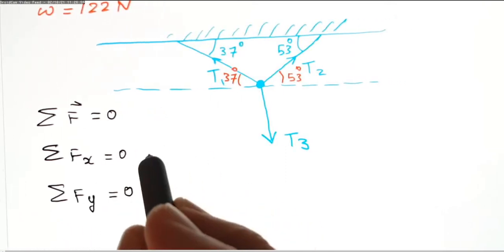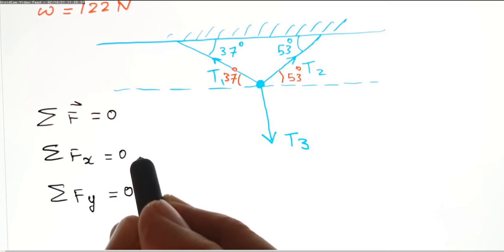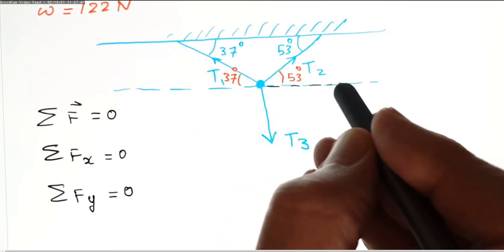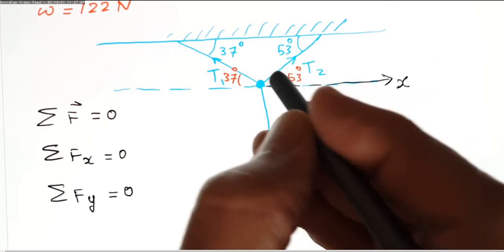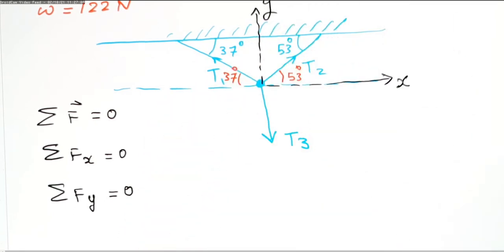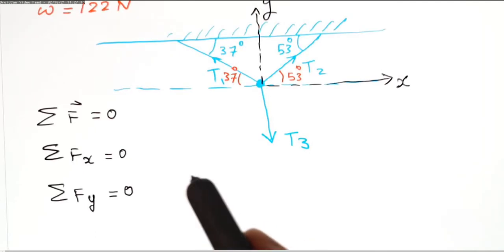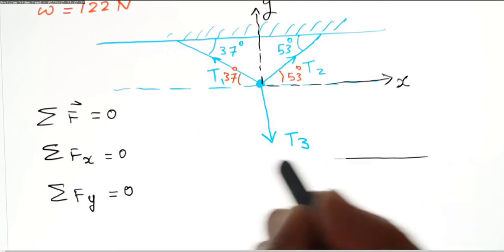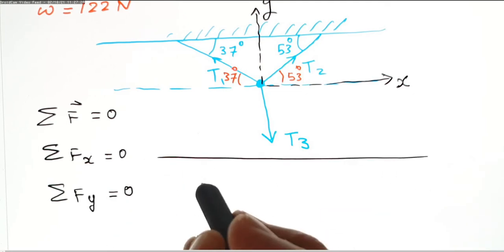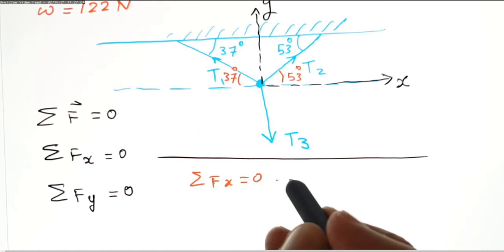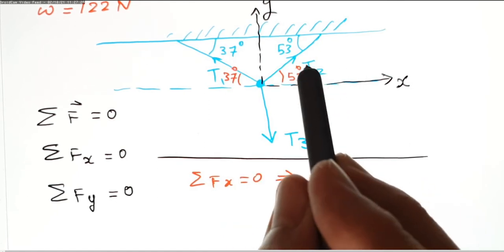So let's write our equation in the x-axis. So this is x-axis, and this is our y-axis. Okay, in the x-axis, so let me just put a line, change the color. Let us see.